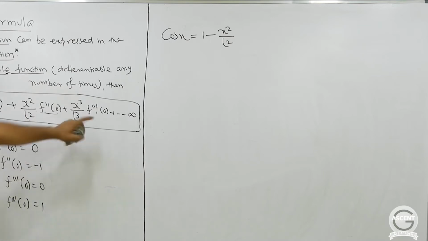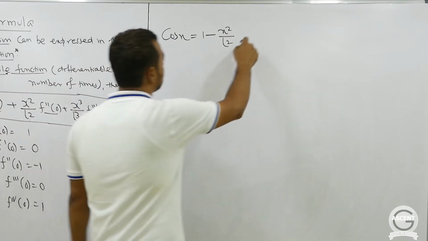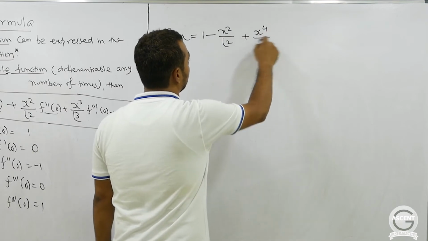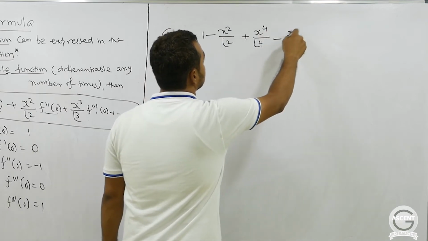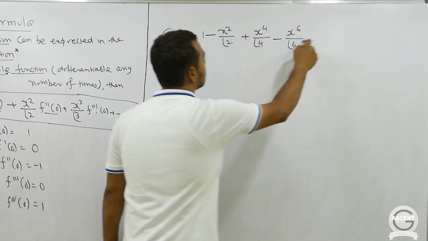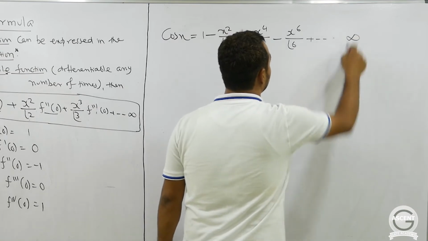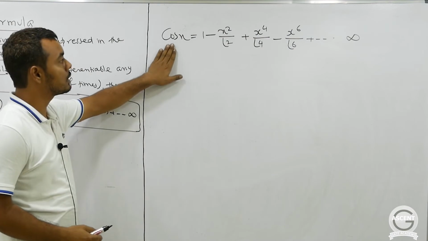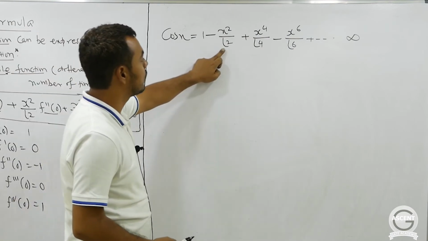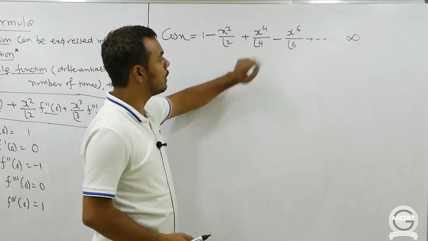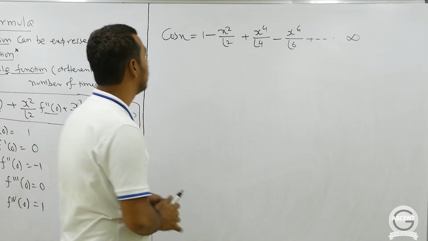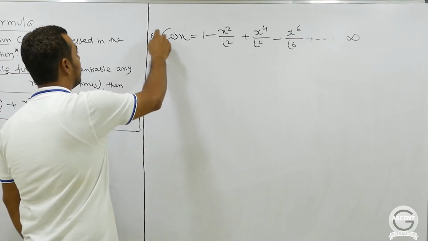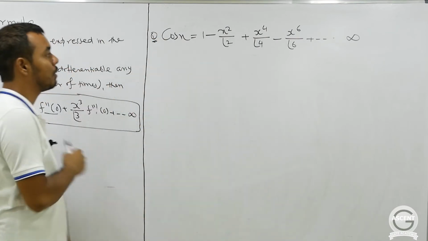This will give us 0, and the next term is x to the power 4 by 4 factorial. Similarly, you will get x to the power 6 by 6 factorial, and this will continue up to infinity. So this is the expansion of cos x: cos x is 1 minus x square by 2 factorial plus x to the power 4 by 4 factorial and so on. And you can make two very interesting observations from here.